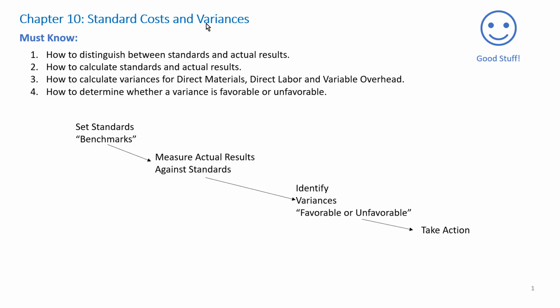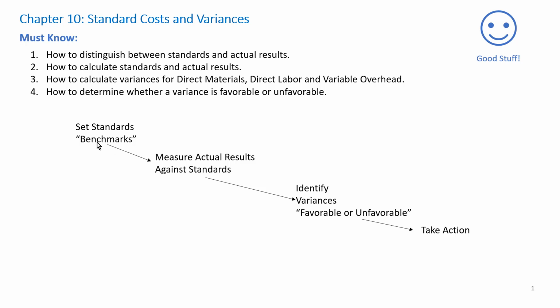Hello all. Chapter 10 is all about establishing cost standards for activities and their periodic analysis to determine the reasons for any variances. Smart business professionals set standards and then measure actual performance against those standards. By definition, a standard is a benchmark or a norm for measuring performance.